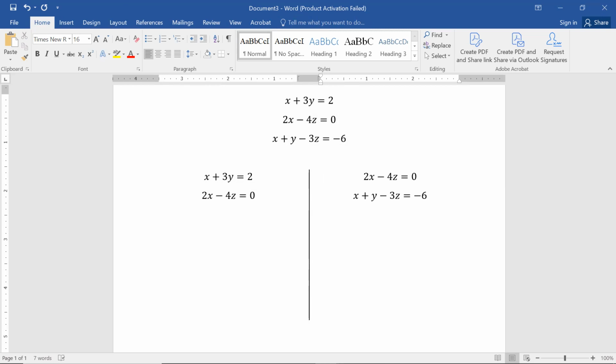Now, we have to decide which variable to eliminate. There's a number of ways you can look at this. Let's say we wanted to eliminate the variable z. So let's eliminate z, and we'll do that in both.